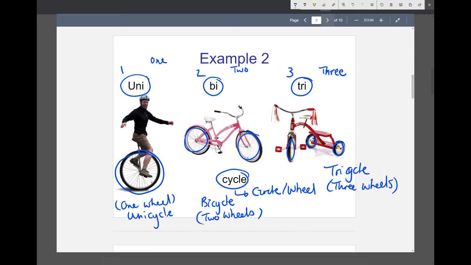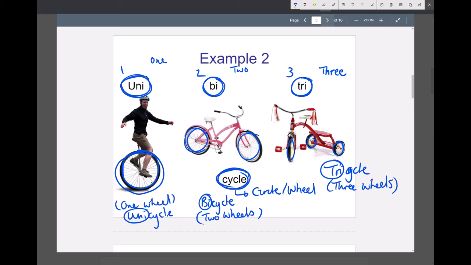So the word form here is the same. You have uni, bi, or tri, and you're adding these parts to cycle, and using a different part at the beginning here changes the meaning of the word.